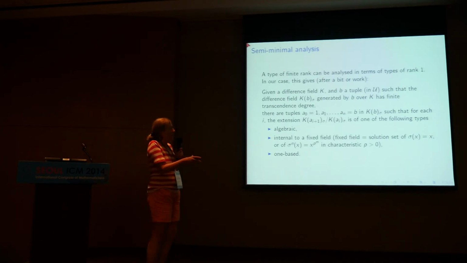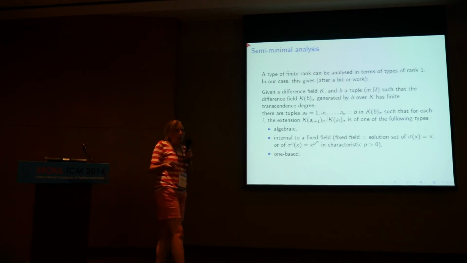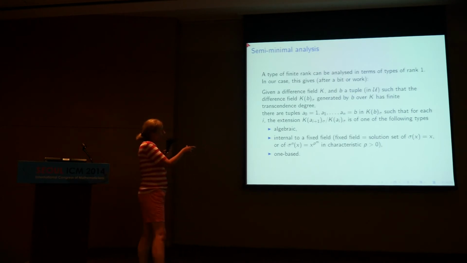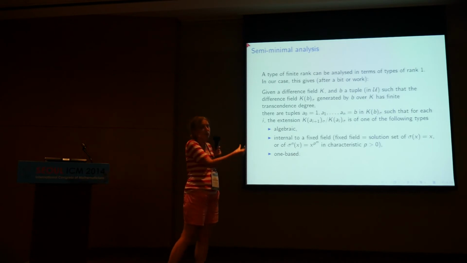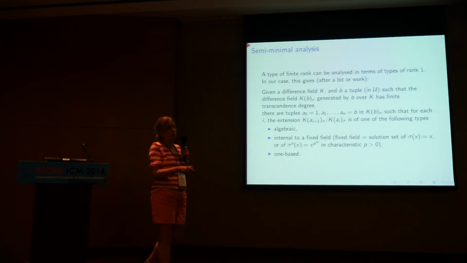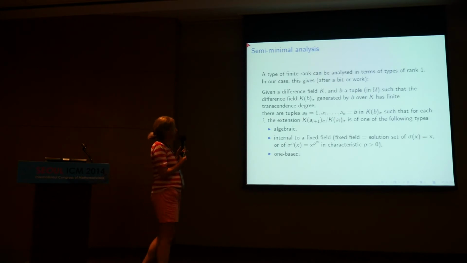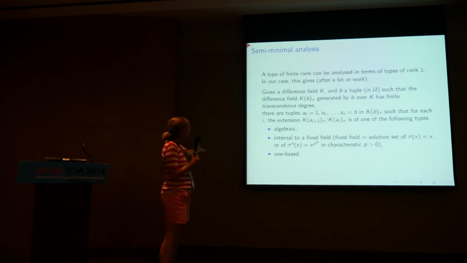Actually, in the real world, it doesn't happen quite like that. In order to get this fine result, really working with sub-extensions, you have to work a little, but it can be done. And the thing is that the sub-extensions are going to be of a special type. Either they are algebraic, that's not very interesting, or else they are internal to a fixed field, again, this famous fixed field.